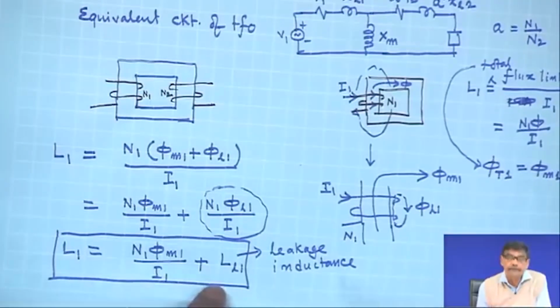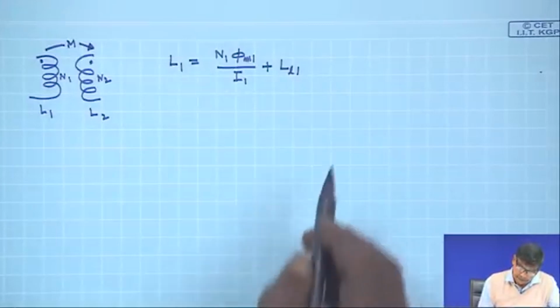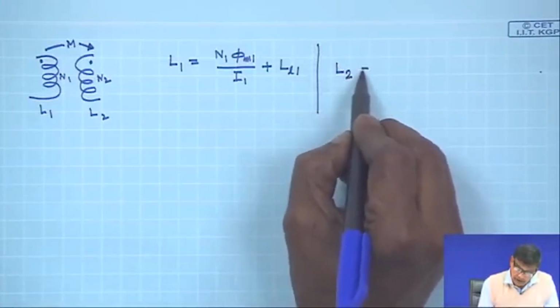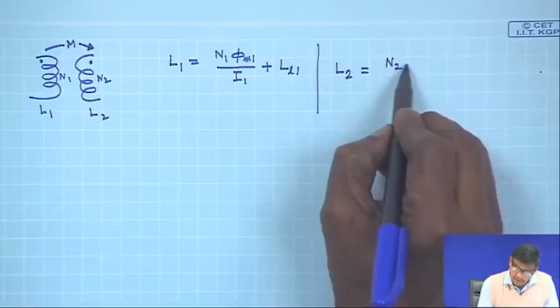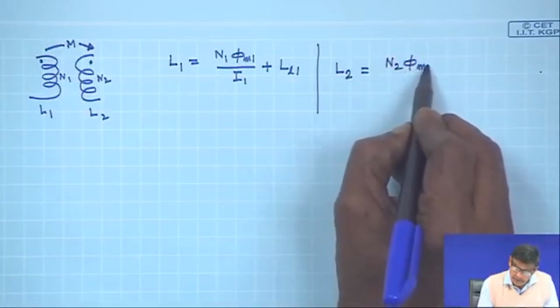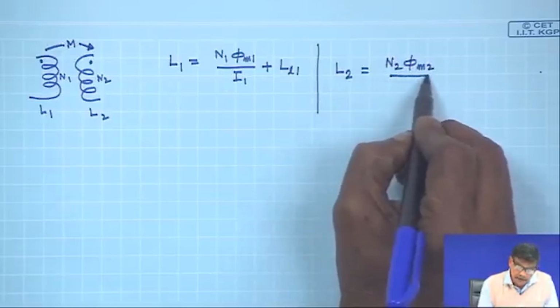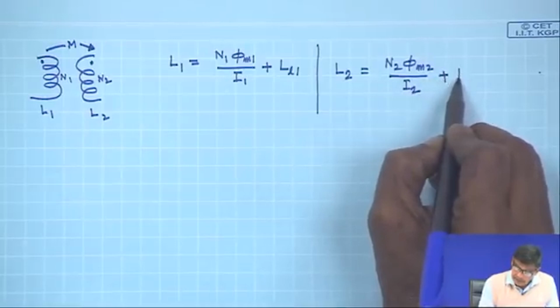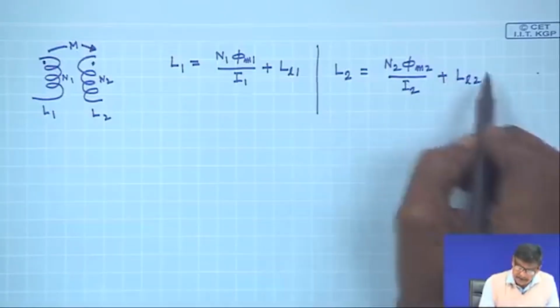Similarly, L2 we got as N2 phi m2 by I2 plus L_l2. These are leakage inductances.